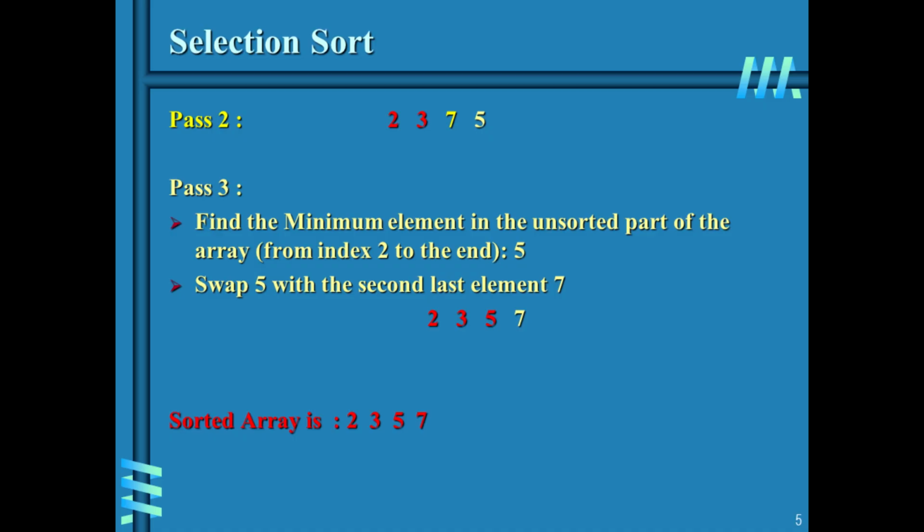Since element 5 is less than the assumed minimum element 7, swap the elements 7 and 5 in the array. So my output after pass 3 is going to be 2, 3, 5, 7, which is a sorted array in ascending order. This is how the algorithm works.